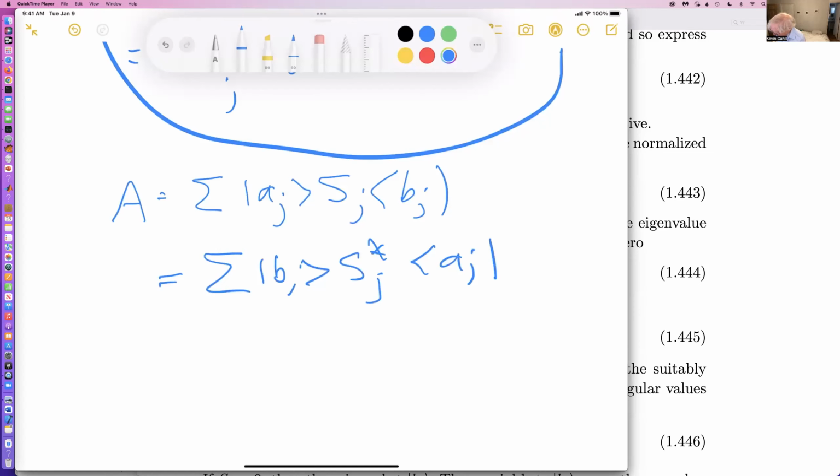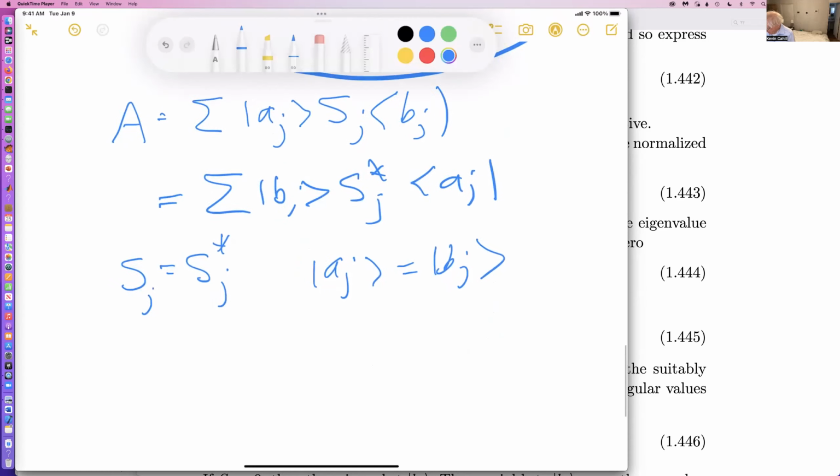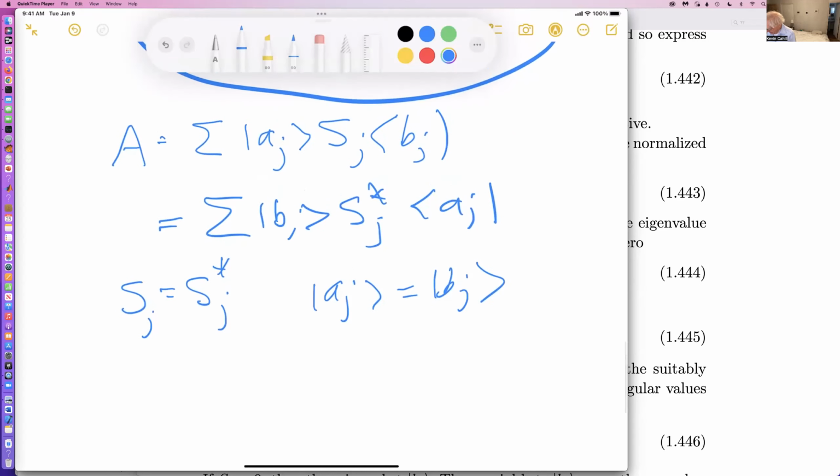Now, if these two things are to be equal, they'll certainly be equal if S_J is equal to S_J star, and if A_J is equal to B_J. And so that's the Hermitian case where A is a sum of A_J, S_J, and we know that S_J was real and in fact positive.